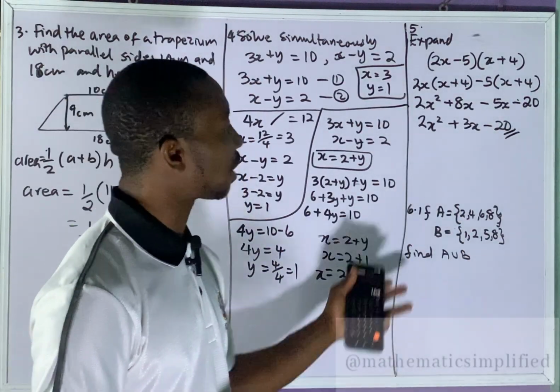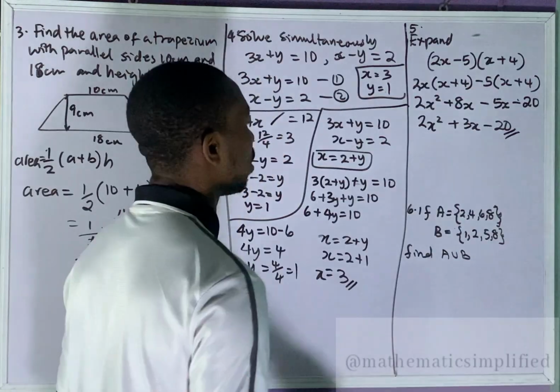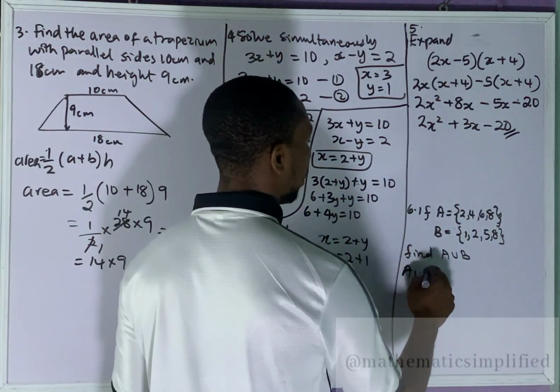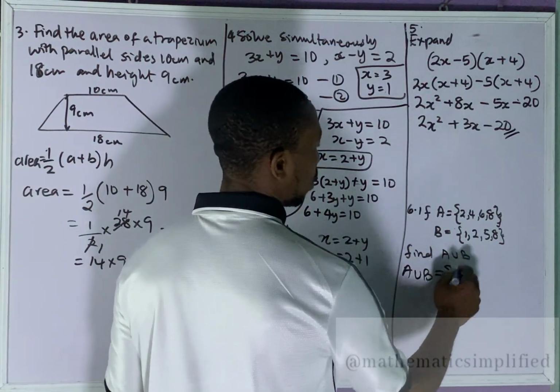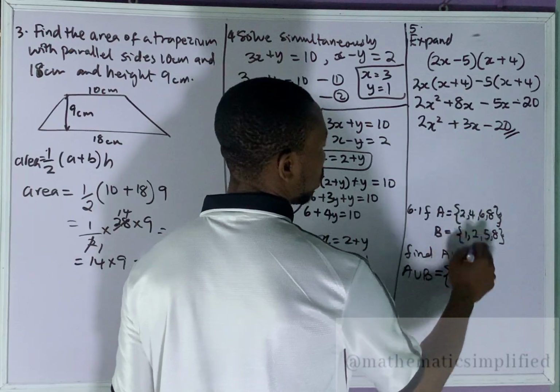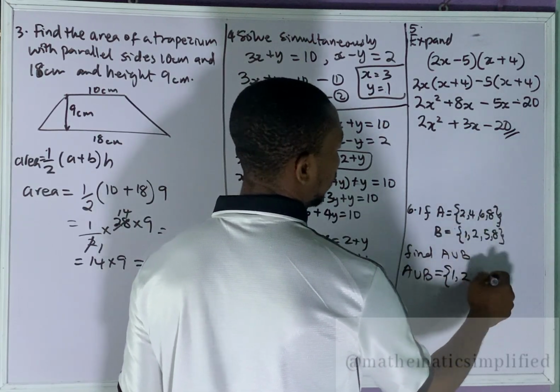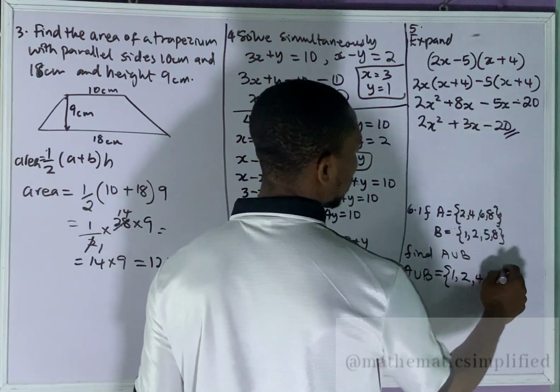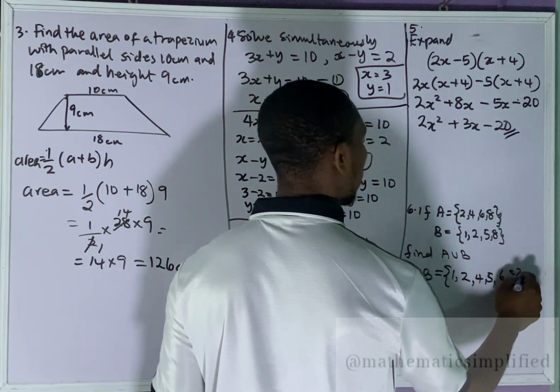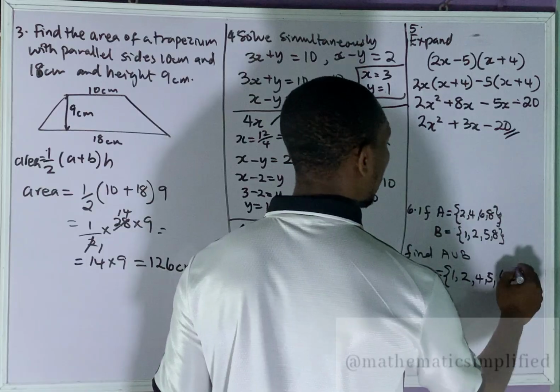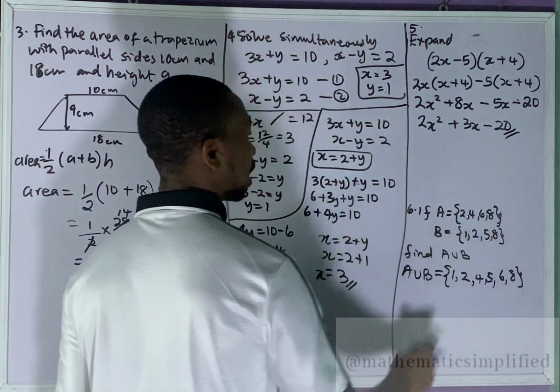So if we add all our elements together, our A union B would be 1, 2, 4, 5, 6, and 8. Now, notice that the numbers are not repeated because they are the same.